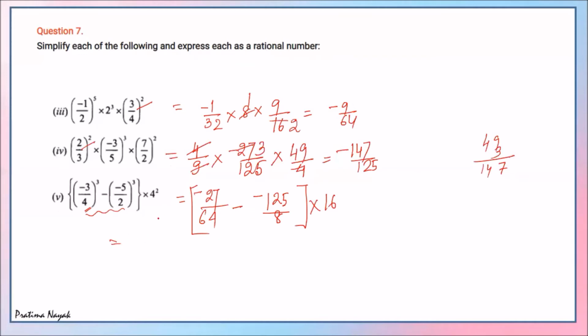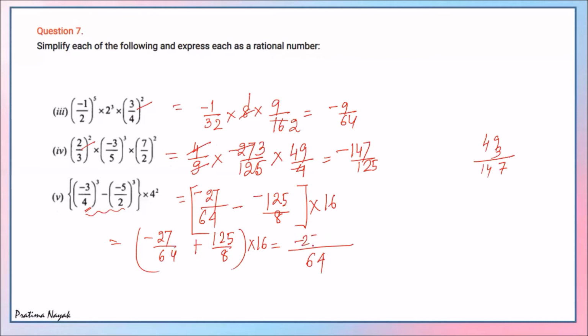It will be minus 27 by 64, and this will become minus minus positive 125 by 8, whole into 16. So what is the LCM? LCM is 64.